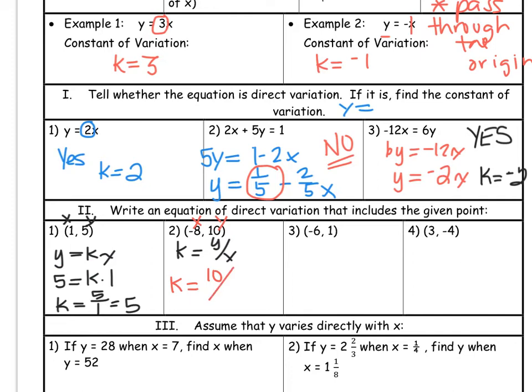Y is 10, x is -8, and when we simplify we get the constant of variation, which is -5/4. Go ahead and try example 3 and 4. You can use either way. Use the y equals kx formula, or this and plug in x and plug in y.